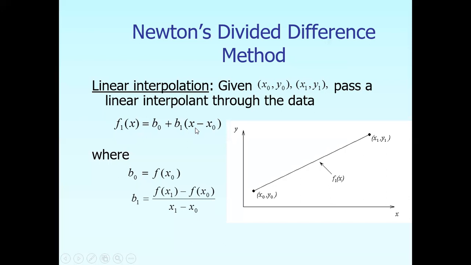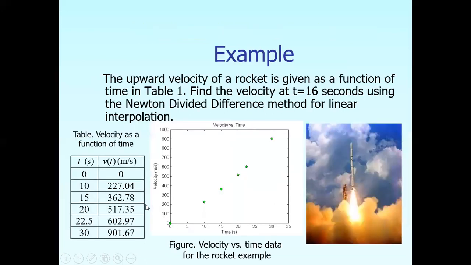Suppose x is equal to x1, then f of x1 is equal to f of x0 plus b1 into x1 minus x0, and we find b1 is f of x1 minus f of x0 divided by x1 minus x0.